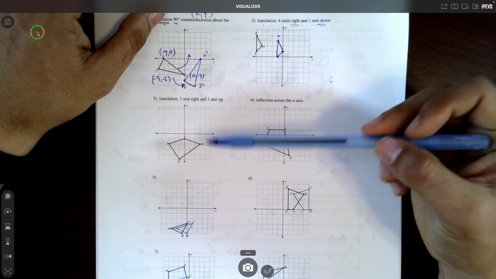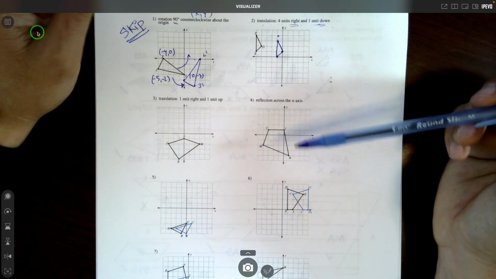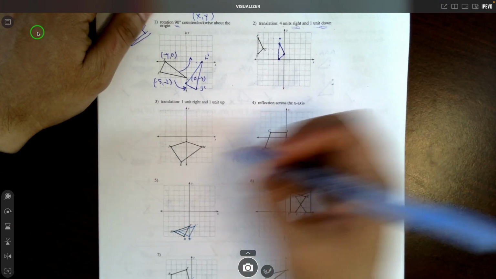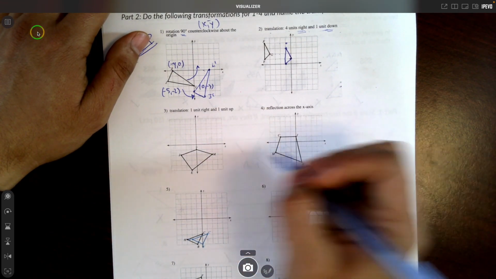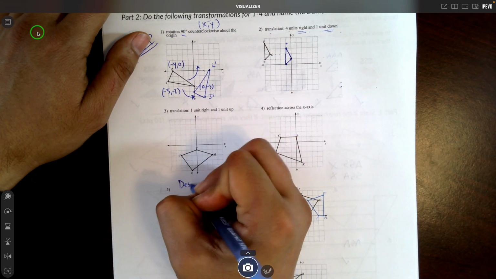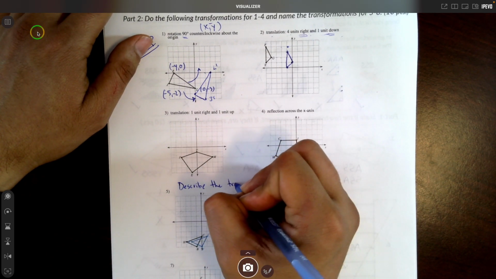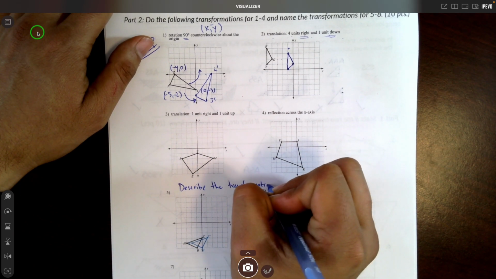So go ahead and try to do this one on your own. Pause it. I'm going to go ahead and explain number 4. And then the instructions over here are missing, but it's basically supposed to say describe the transformation. Okay.